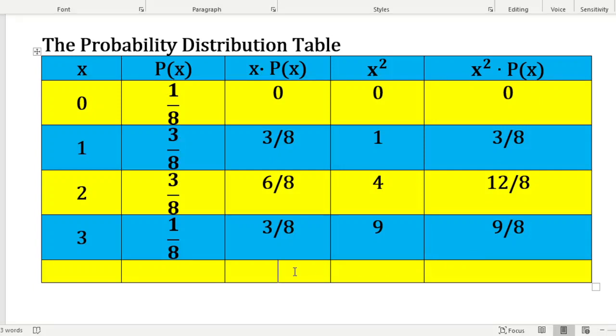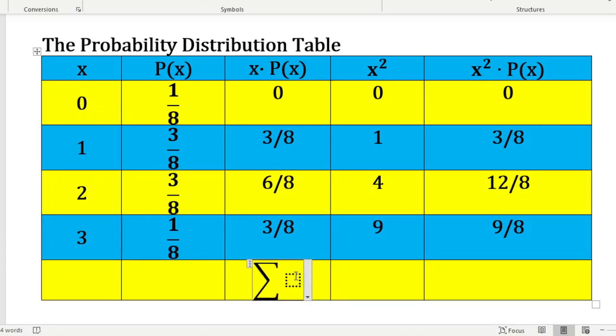First, we have to find the summation of this column because it will give us the mean of our discrete random variable. Let us have the summation, which is denoted by this one.